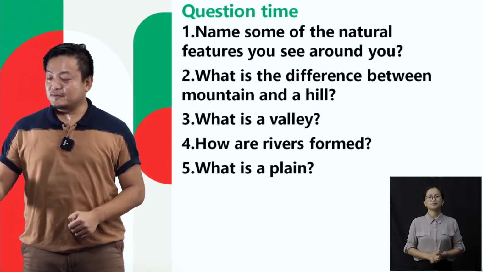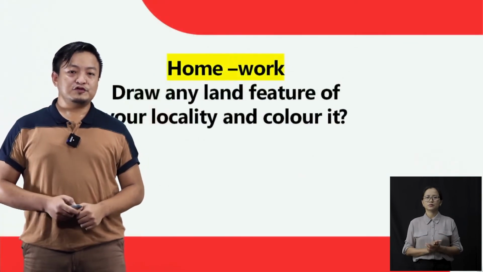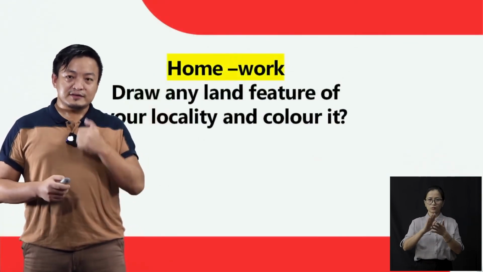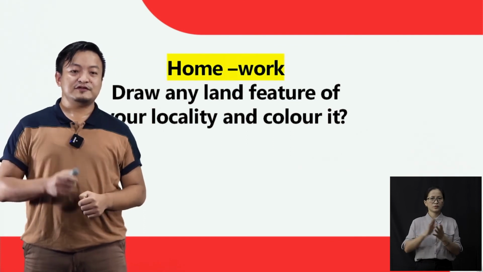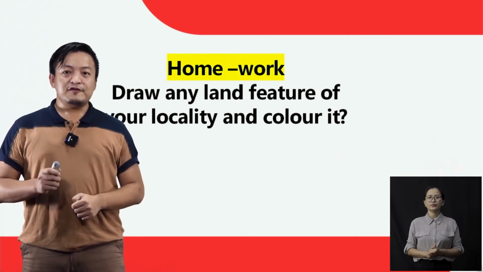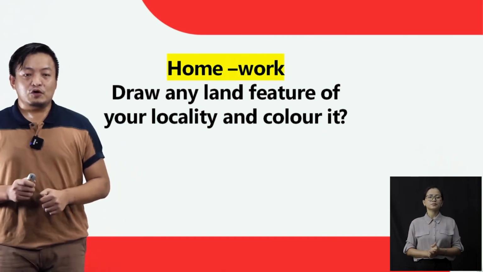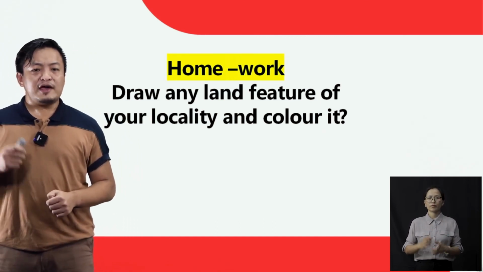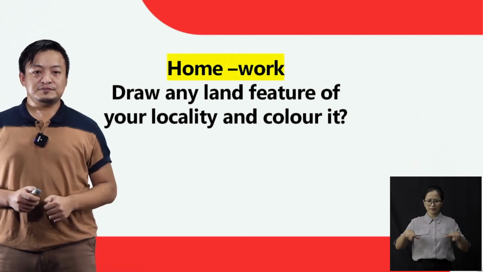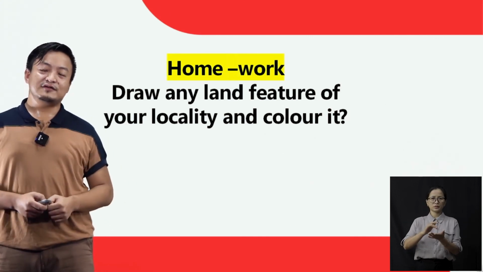Now, students, I will leave you with a homework. And this homework is going to be very interesting. So every one of you, you have to do this homework, okay? So the homework is, you have to draw any land features of your locality and color it.